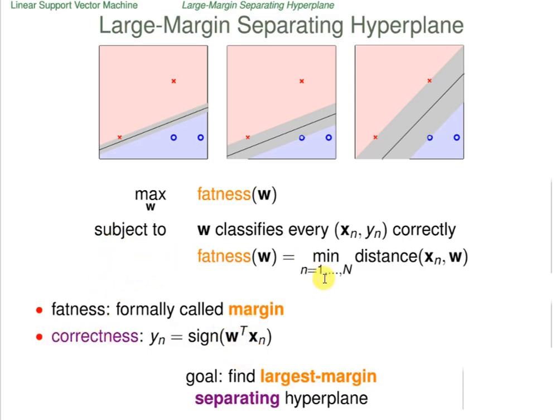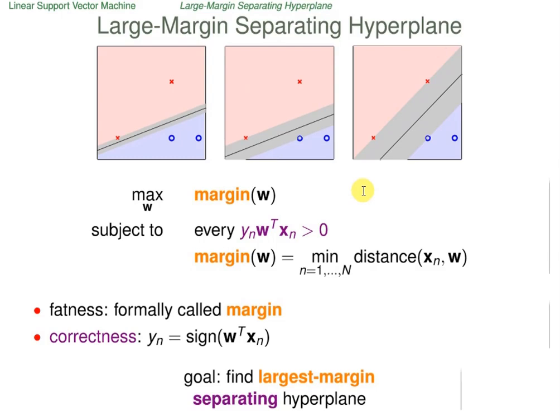Now, once we have defined these properties of the hyperplane that we are interested in, our next goal is to find a separating hyperplane with a maximum margin. To find the separating hyperplane with maximum margin, first let us rewrite our optimization problem in terms of a margin: maximize the margin, so that we no longer use the word fatness of the hyperplane.